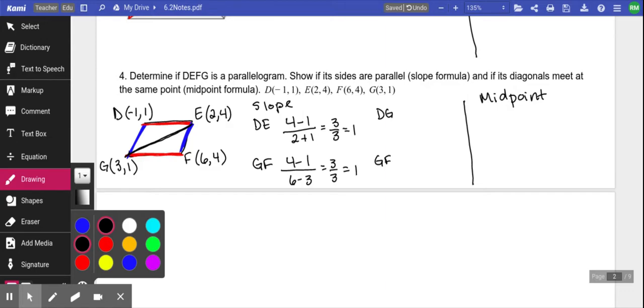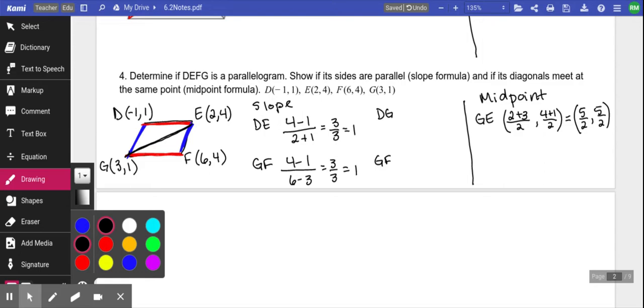We're going to look at the midpoint formula, which tells us we have to do 2 plus 3, so that's our x values divided by 2, over 4 plus 1 divided by 2 for our y values. So that comes out to 5 over 2 and 5 over 2. So the midpoint is 5 over 2 and 5 over 2.